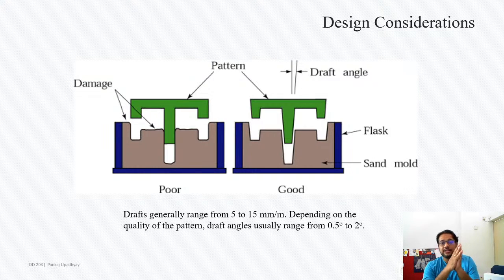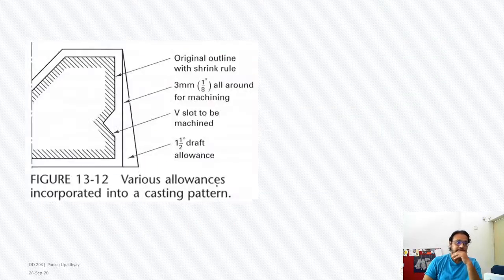When there is a die which has two parts and you have material which needs to be pressed in, you need to consider something called draft angle. We'll come to all of these slides, very interesting slides.